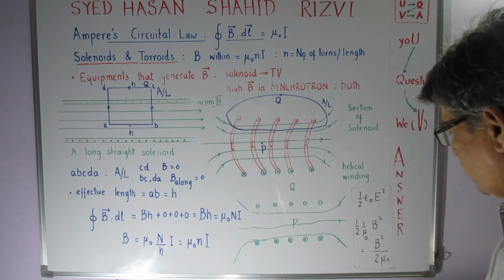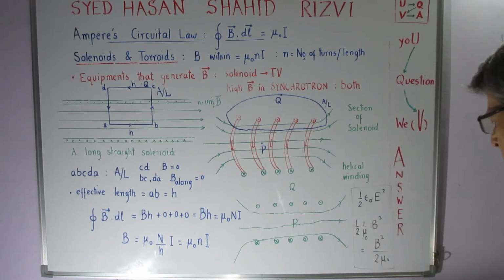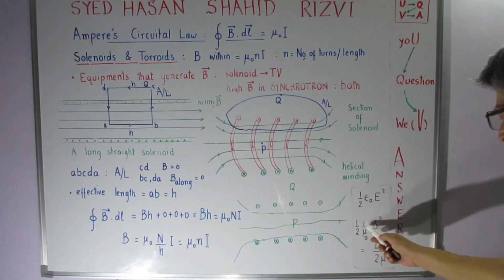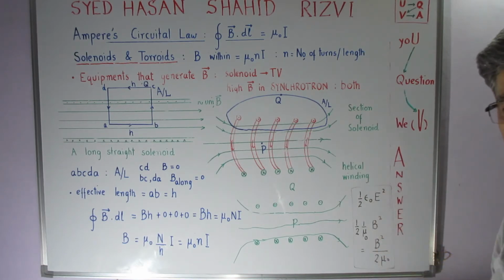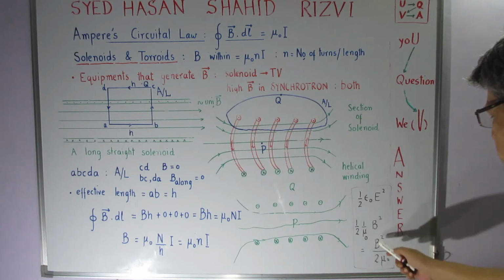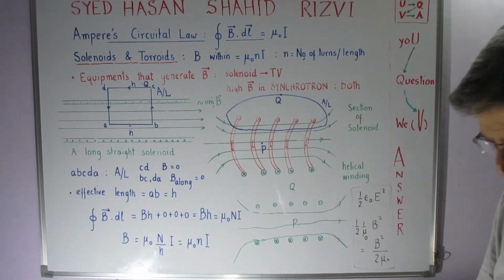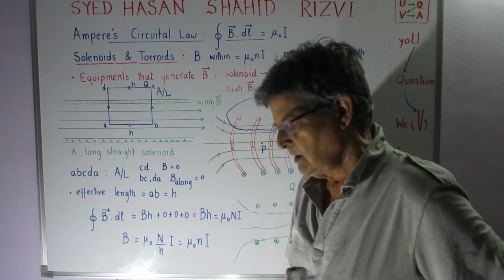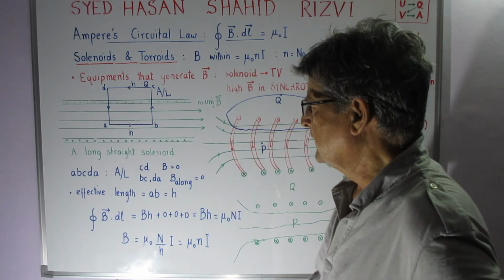In a similar fashion, I am not going to derive that, but we will learn that there is a half into, instead of epsilon naught I write 1 upon mu naught, B square, which is B square upon 2 mu naught, and that is the energy density of the magnetic field. So all fields have an associated energy density, and so has the magnetic field.